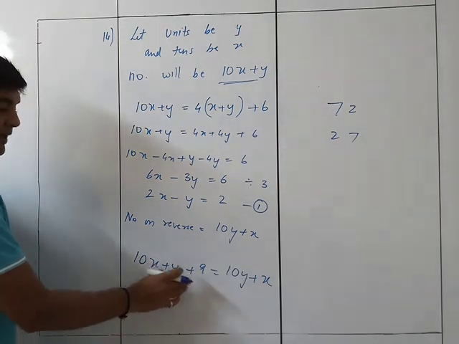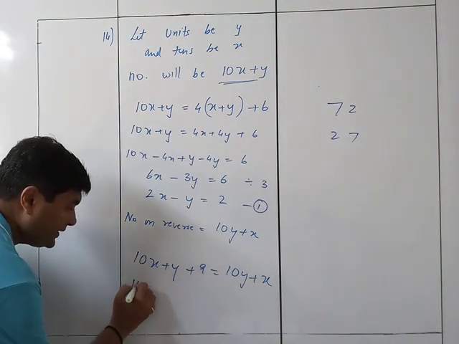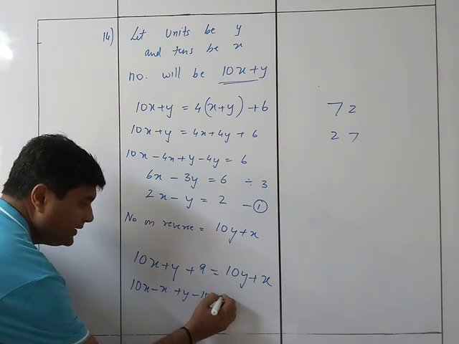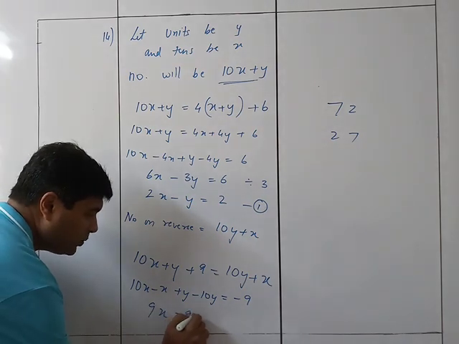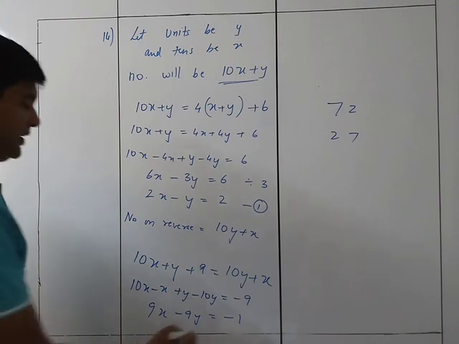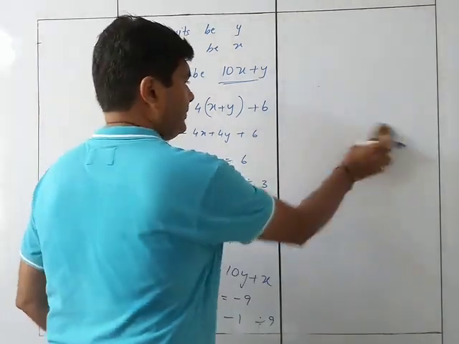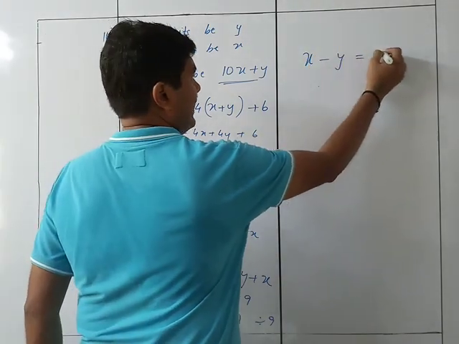So this gives you 10x minus x plus y minus 10y is equal to minus 9, giving me 9x minus 9y is equal to minus 9. You can divide this by 9 and you get the equation x minus y is equal to minus 1.